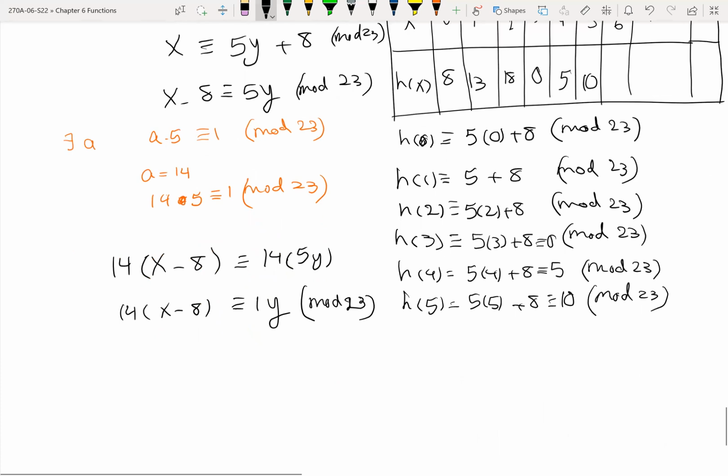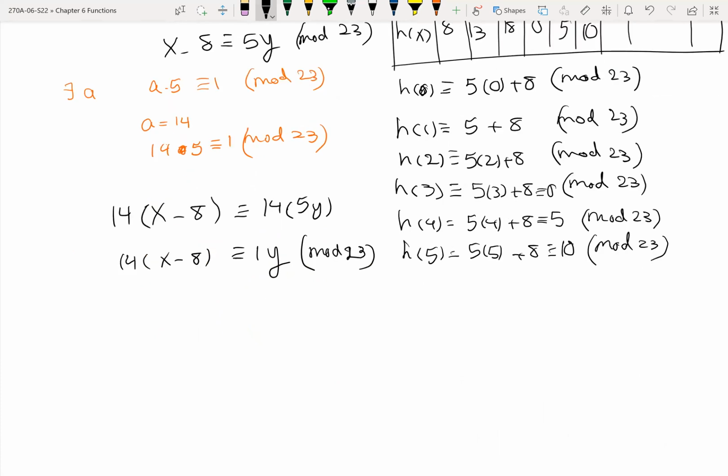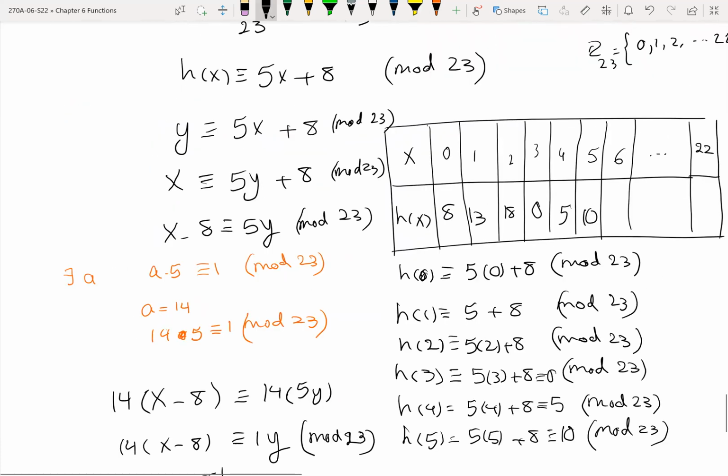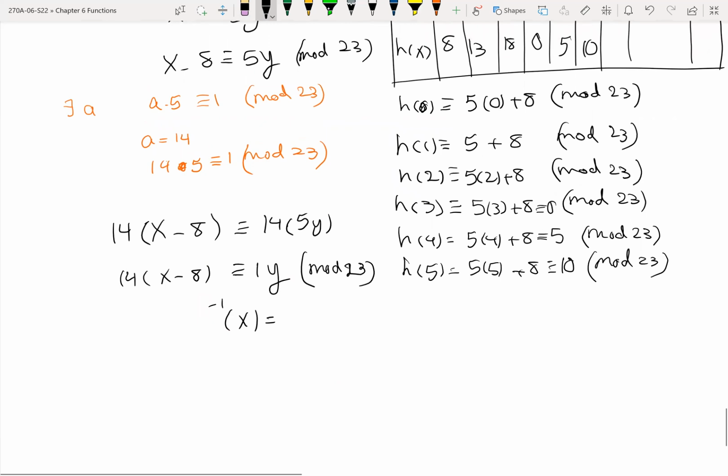So then is this enough to say this is onto? I have to write the argument, right? So I have to write the argument over here saying actually h inverse of x equals 14 times x minus 8.